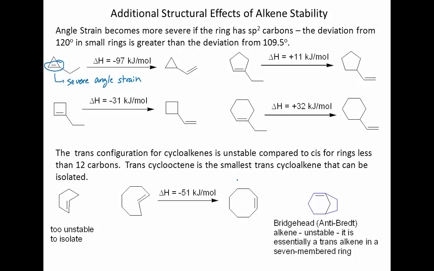The tri-substituted double bond compound is more stable. So because of this severe distortion of the bond angles, we don't want to locate sp2 carbons in small rings.